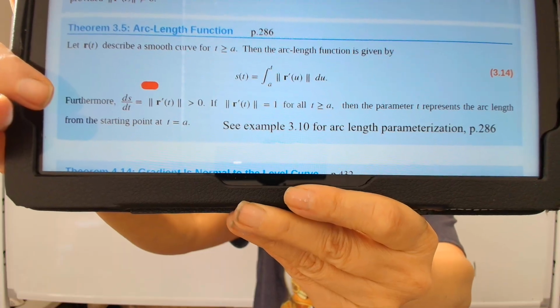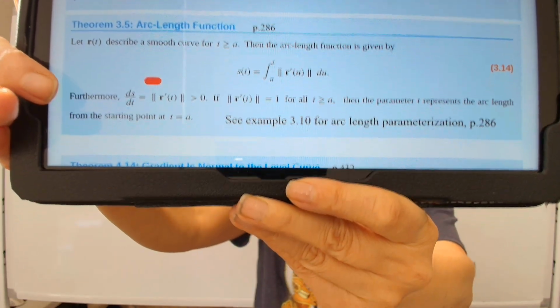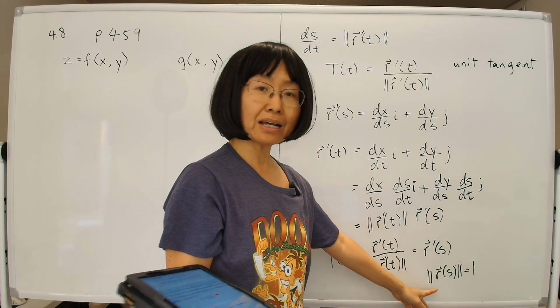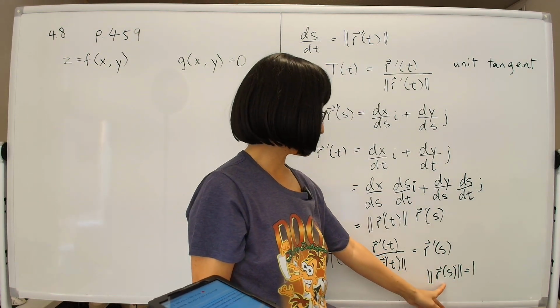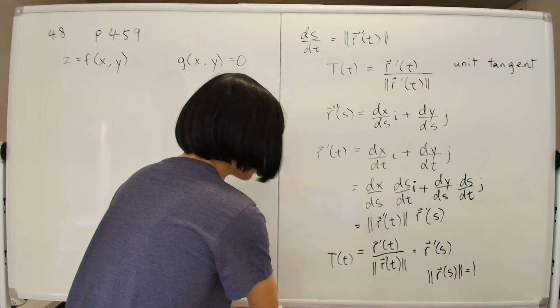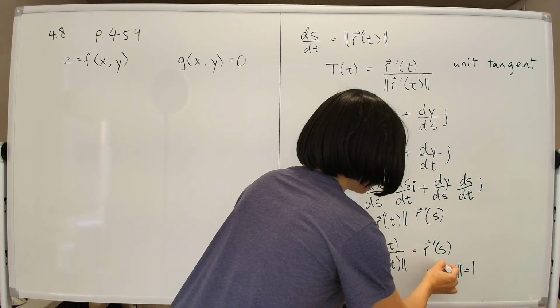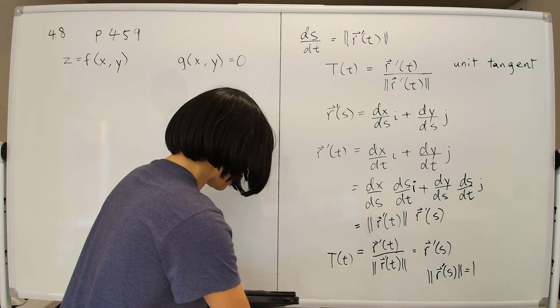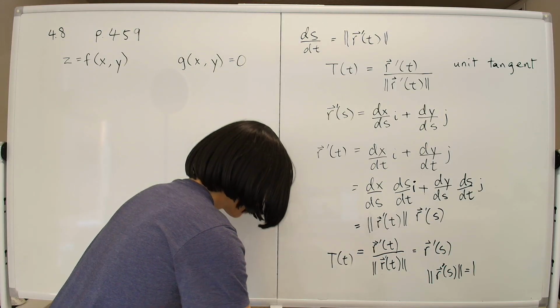Specifically, we're going to prove that when you parameterize that way, with r in terms of s instead of t, then r prime of s is always equal to 1. It is the unit tangent vector, which I'll show you in a second. But in the meantime, let's move on here.